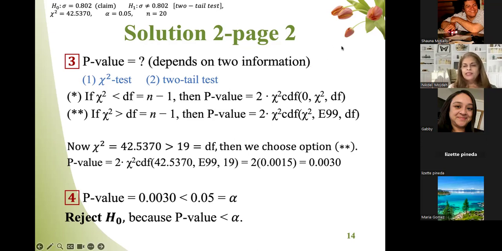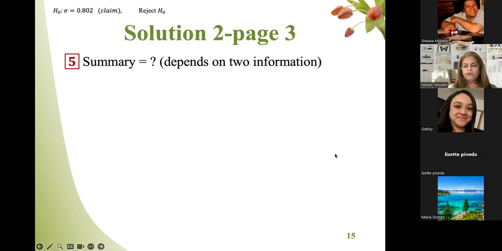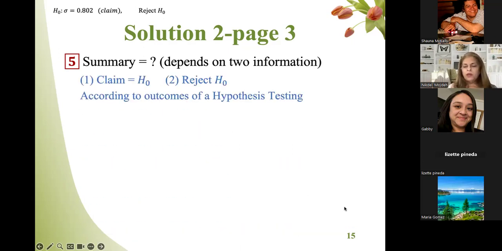Okay. And lastly, we have to summarize our result. Step 5. I need to know what my claim is. In this case, null hypothesis. And I rejected null in step 4. So I look at the 4 outcomes.